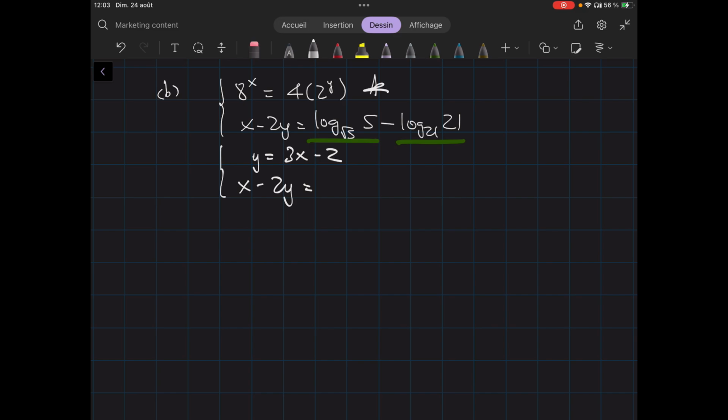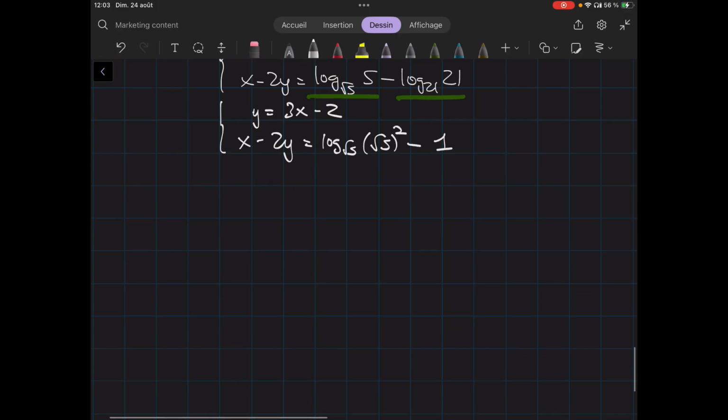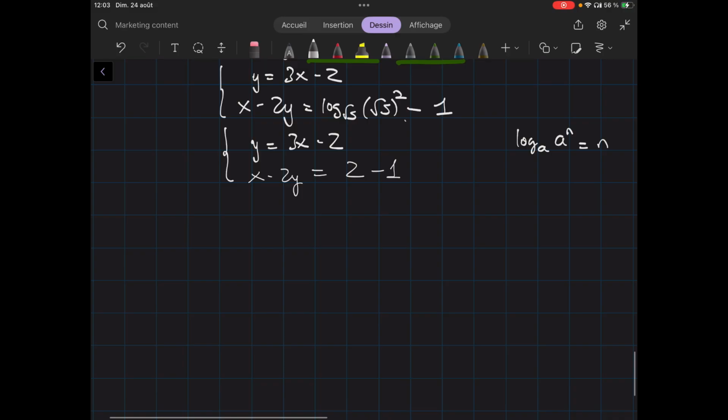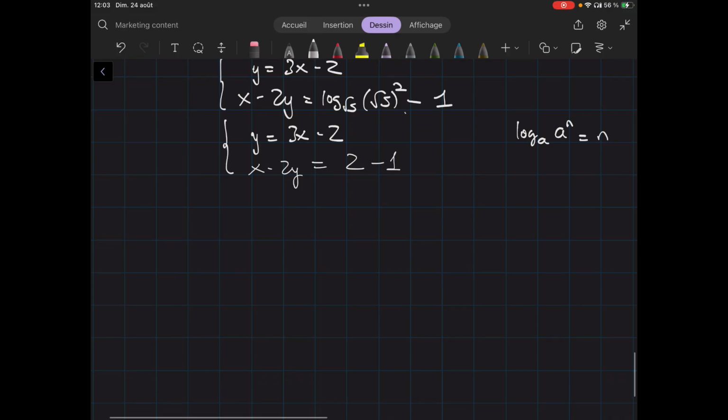Log root 5 of 5. Let's express 5 in terms of root 5. Log 21 of 21, that is equal to 1. Log base a of a to the n is equal to n. Therefore, this guy is equal to 2. And now we have two equations, two unknowns that we can solve simultaneously.